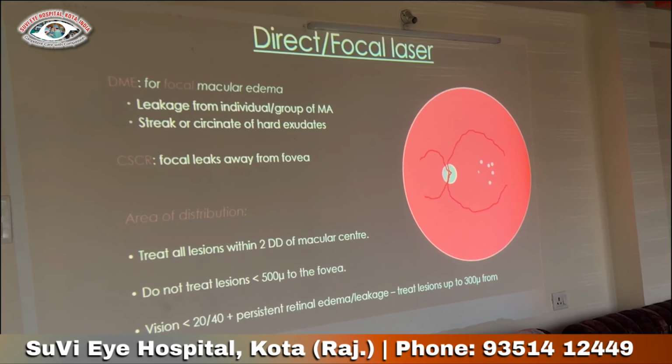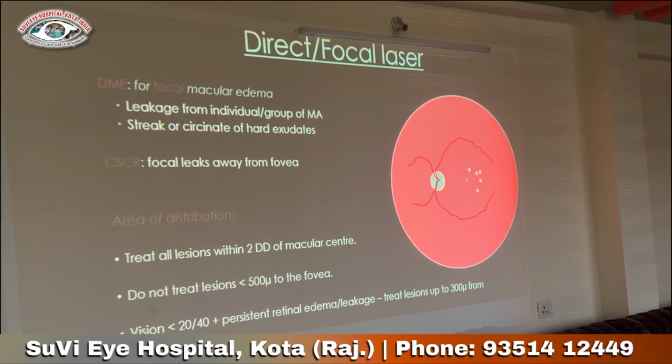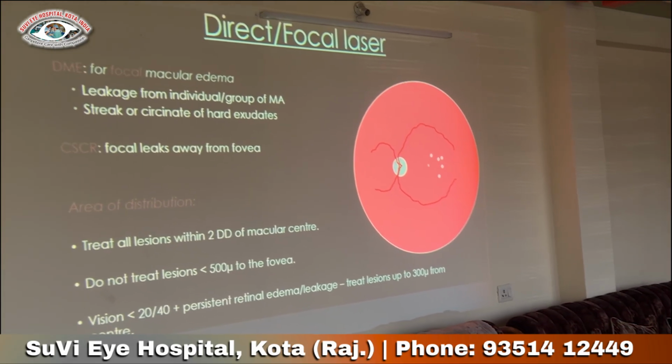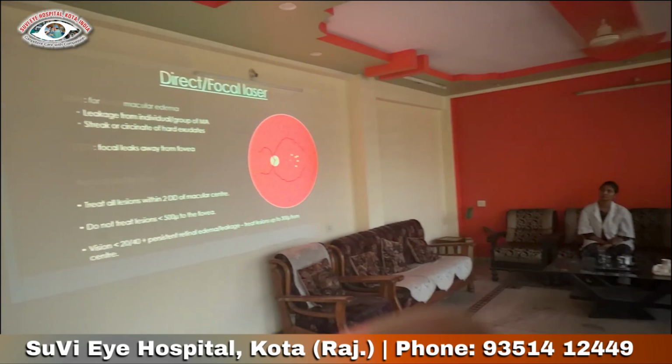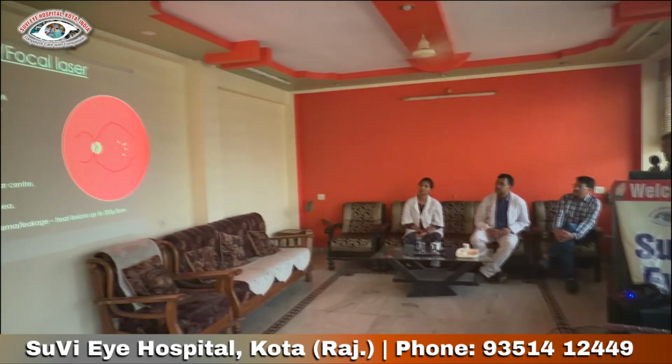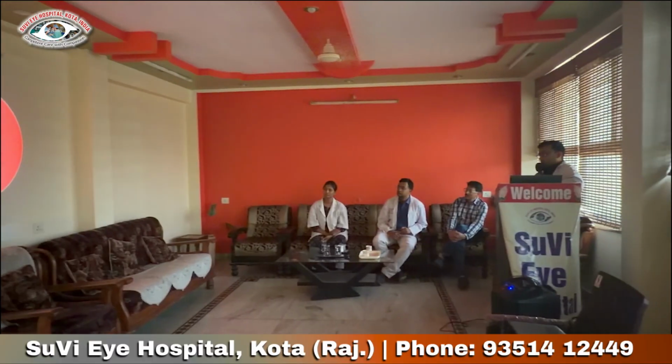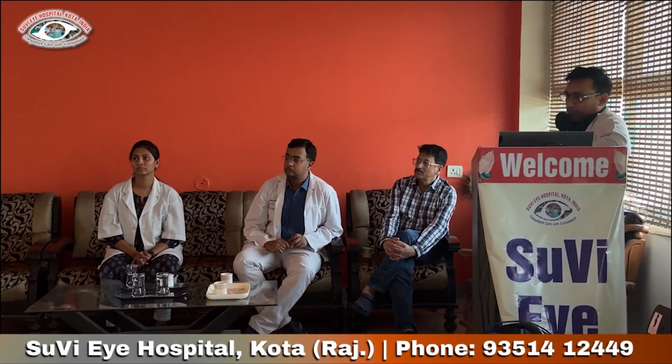The area of distribution for the laser is to treat all lesions within 2 disc diameters of the macular center, and do not treat a lesion which is within 100 microns of the fovea. If the vision is less than 20/40 and persistent retinal edema is present, you can go up to 300 microns from the center.